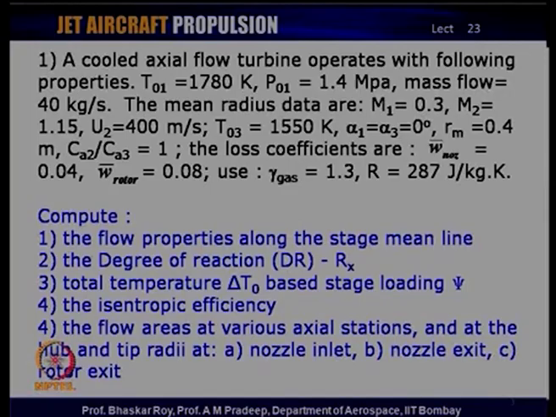So, we will try to compute this, and then the isentropic efficiency which has been defined, and the flow areas at various axial stations and at the hub and tip radii at the nozzle inlet, at the nozzle exit and at the rotor exit. So, let us take a look at these problems, the parameters that are given, and see what kind of solutions we can get out of this problem that has been stated here.